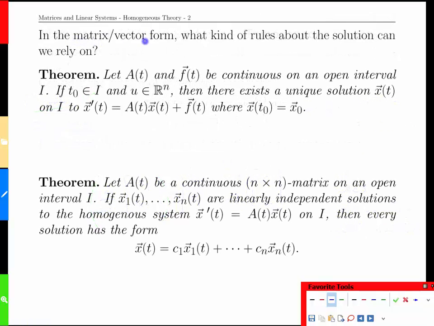When working with the matrix and vector form of our differential equation, it helps to have some rules for how we can construct our solution at the end of the day. When we talk about x1, x2 as a vector, what do we put on this right hand side? Well, we rely on some theory here, and it's actually quite general theory. Our matrix A is a bunch of constants, but it's possible that it could be a function of time in there.